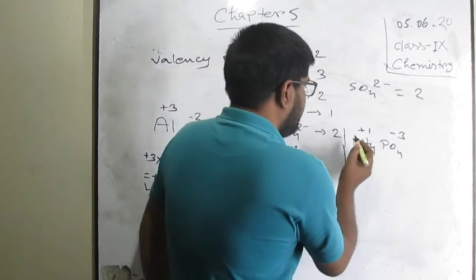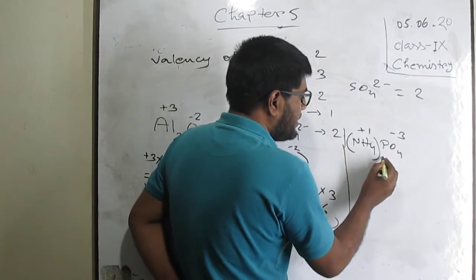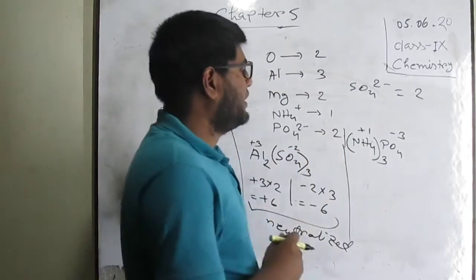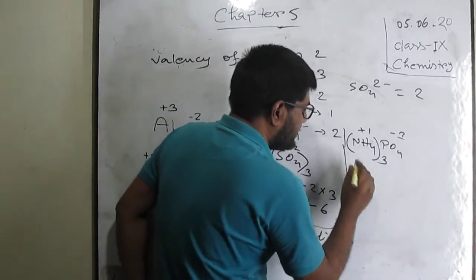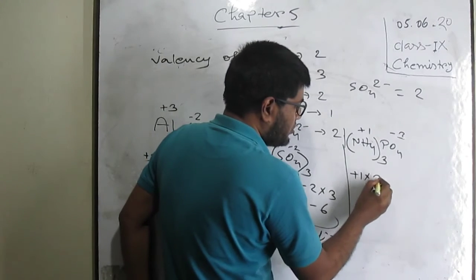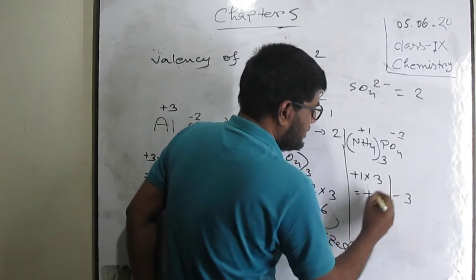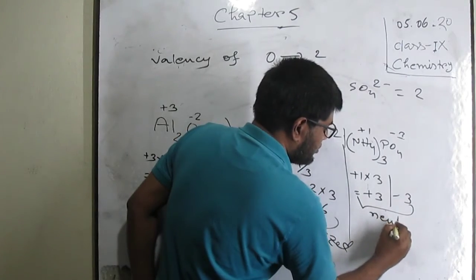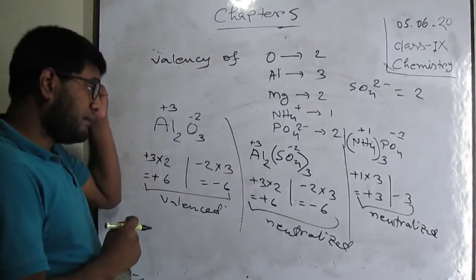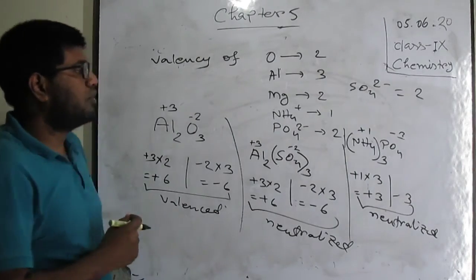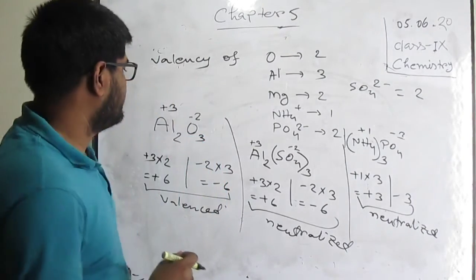Yes, if 1 ammonium donates 1 electron, then 3 ammonium donates 3 electrons and 1 phosphate accepts those 3 electrons. So I can write this way, plus 1 into 3, that is plus 3, and phosphate is minus 3, then neutralized. So you should first think about how to write the formulas. Ammonium phosphate, then magnesium phosphate.